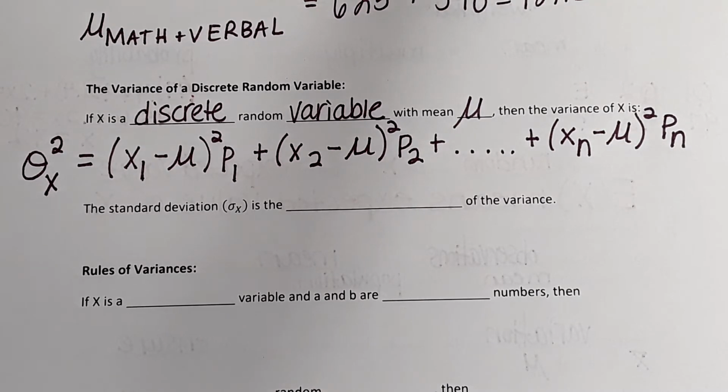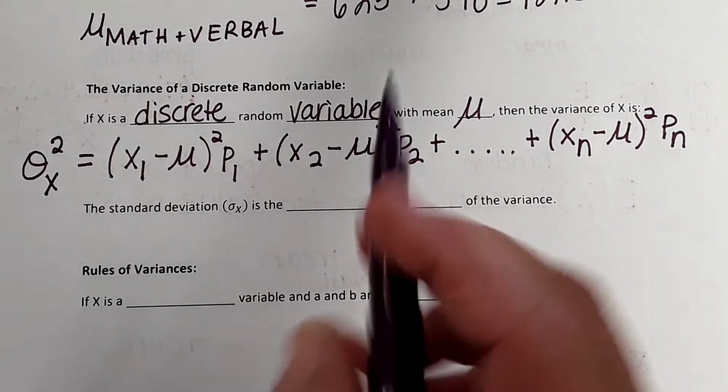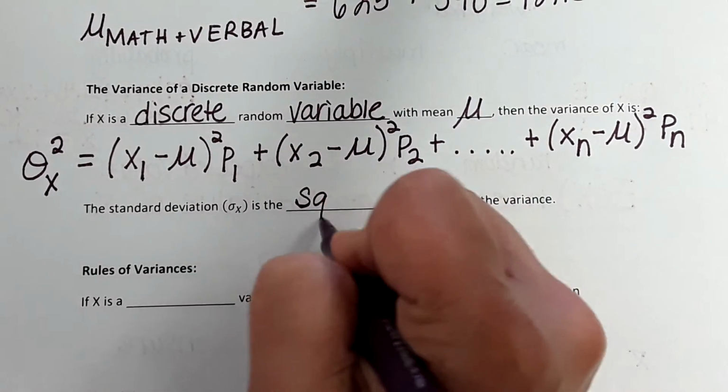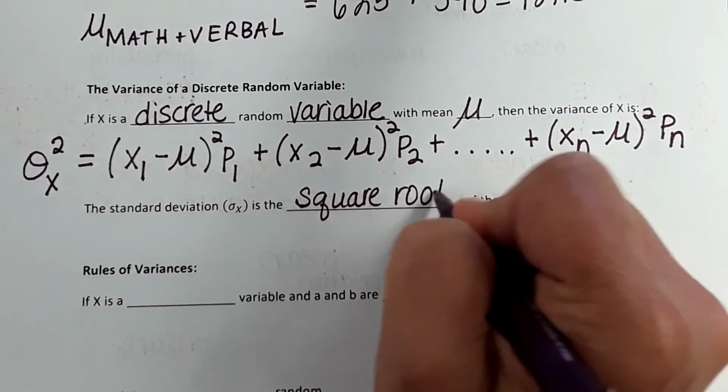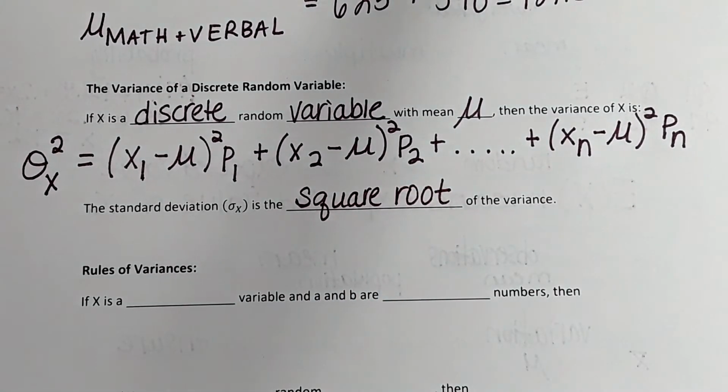Okay, the standard deviation sigma x is the square root of variance. You guys, I cannot tell you how many times kids have forgotten this. And this is really important, they are going to give you the variance and they're going to specifically ask you about the standard deviation.